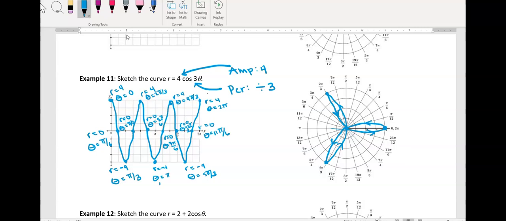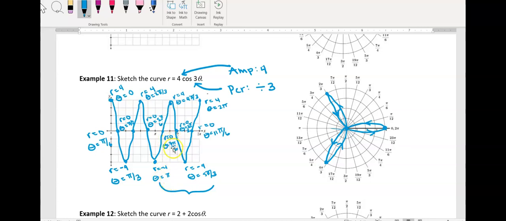Now, if I were to continue plotting points, the second half of the information that we have up here would take me right over top of where we already plotted. So we just finished at R equals -4 for our angle measure pi.